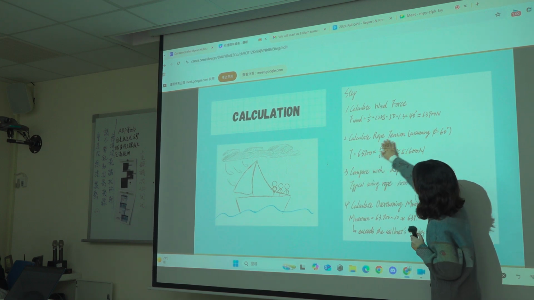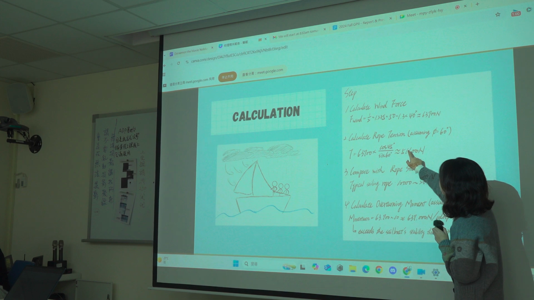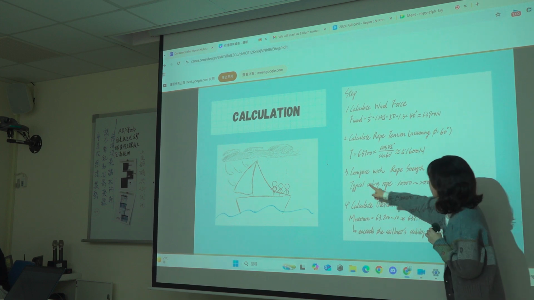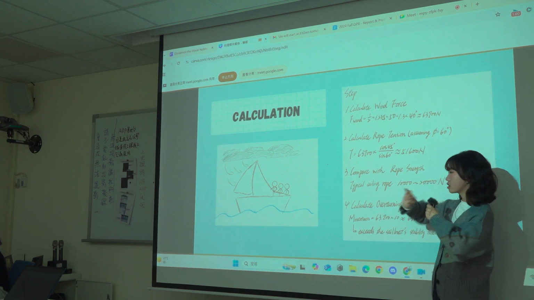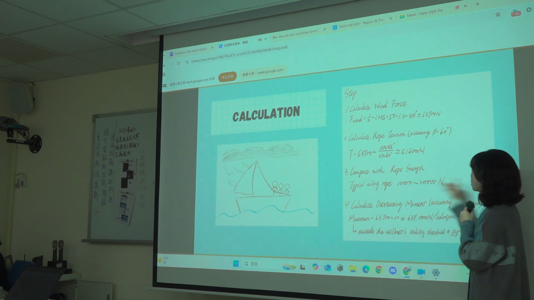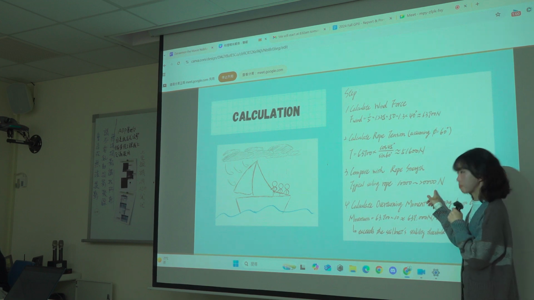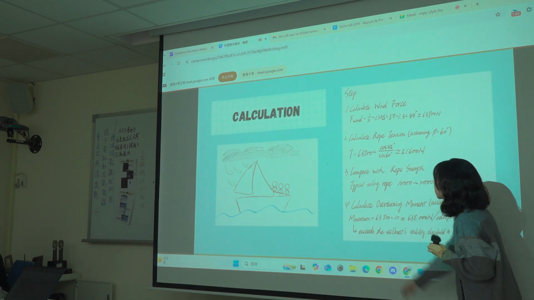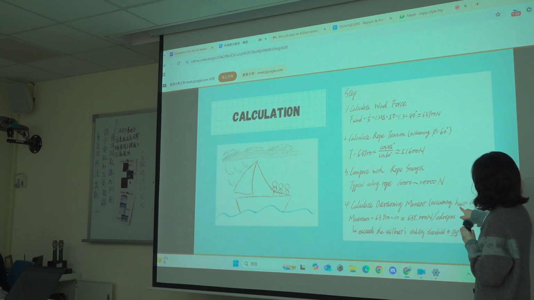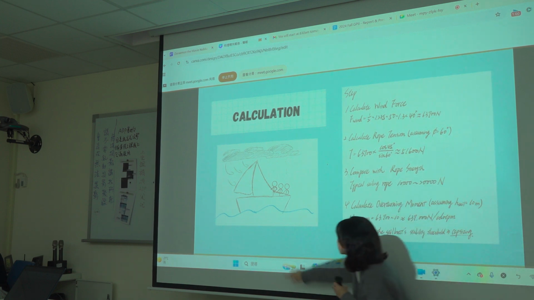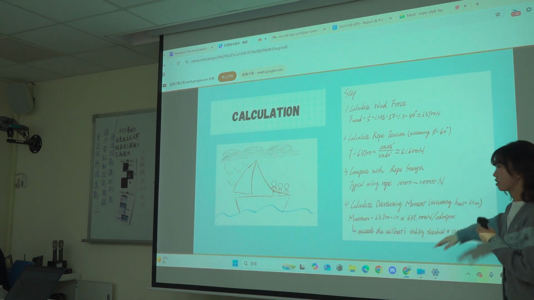The second step is to calculate the rope tension. So I calculate about 51,000. And I compare the rope strength, and typically a sailing rope is maybe 10,000 or 20,000. So the final step, I calculate the overturning moment, and I assume the gravity and the height of the sail is 10 meters.